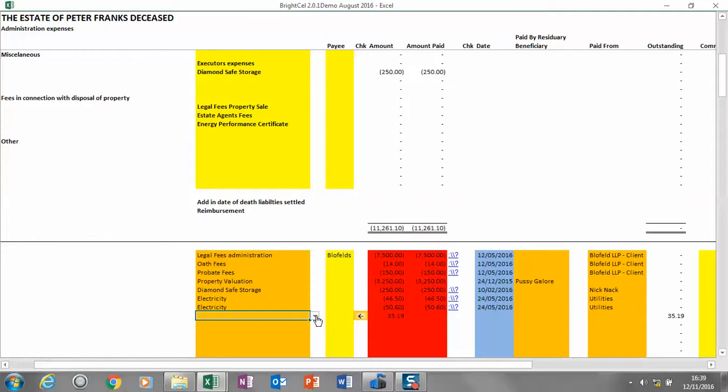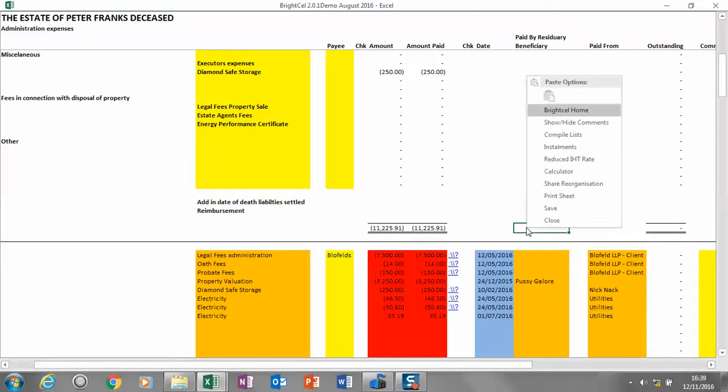We'll put that onto electricity. Find the electricity account, there it is. And now we're going to credit it, £35.19. I'm going to keep with the system of paying that to utilities, so that we get our utility bill all on a single ledger.